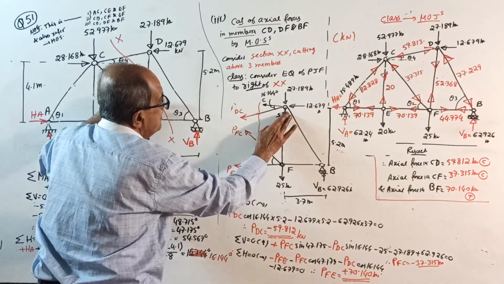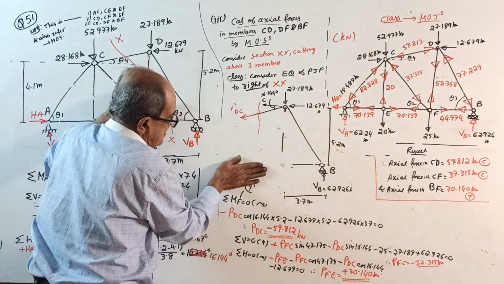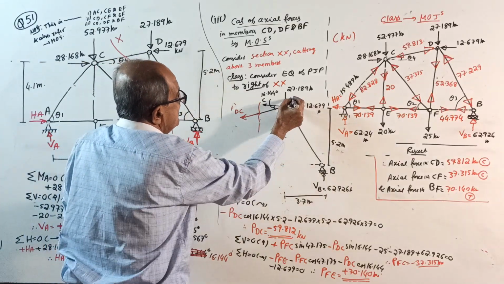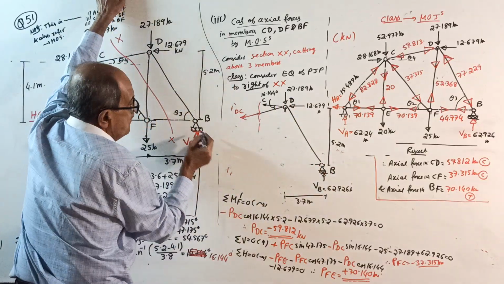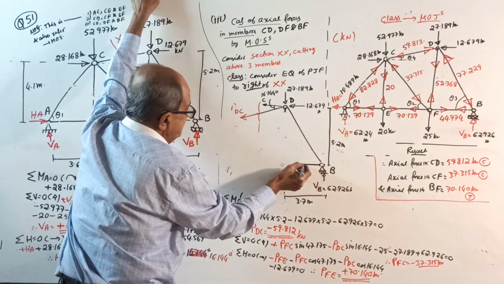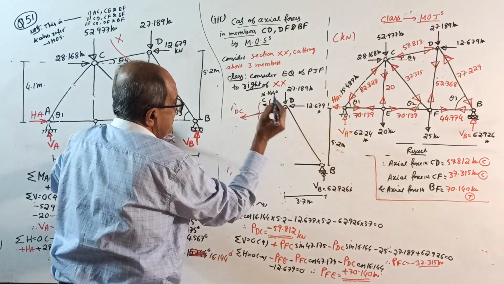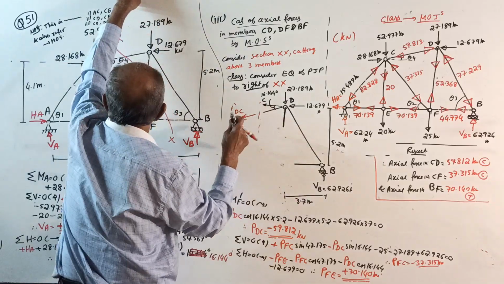Okay, sine cos I will remove. See here, D is intact, B intact. Then from B, a little distance here, up to here, then here, a little distance here, then here, a little distance here. Cut. So the cut, see.